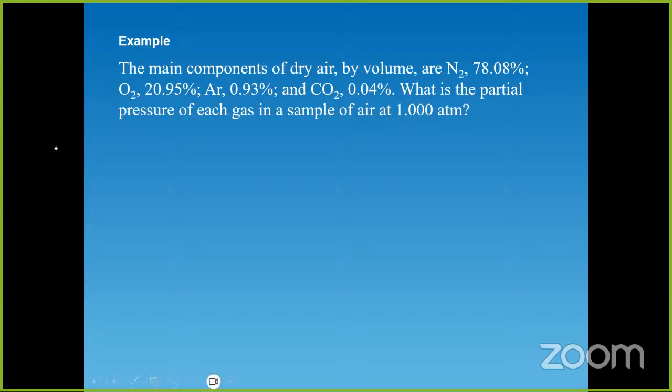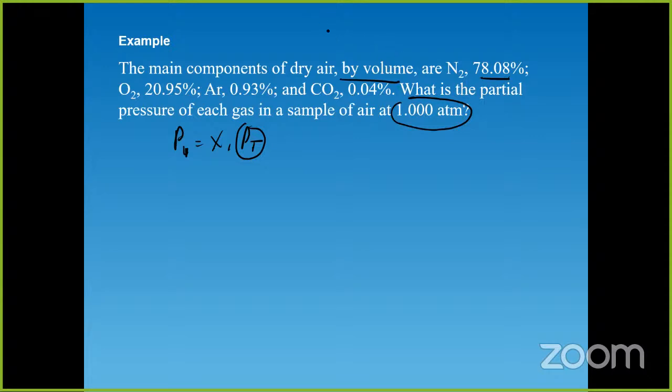Well, that's pretty simple, because we said the partial pressure of a gas is equal to the mole fraction of that gas times the total pressure of the gaseous mixture. We know the total pressure is 1.00 atmospheres. These percentages are by volume, but they can also represent mole fractions.